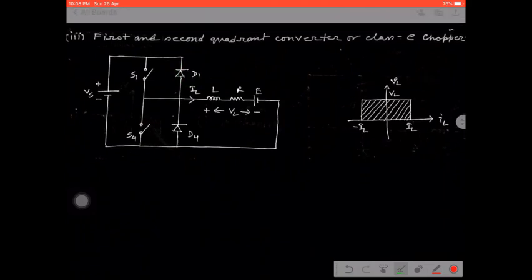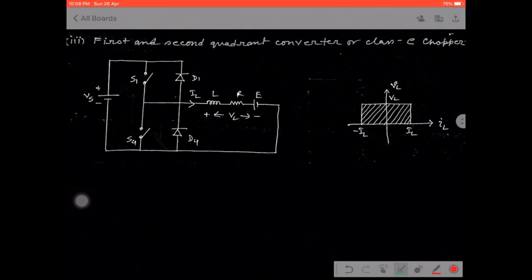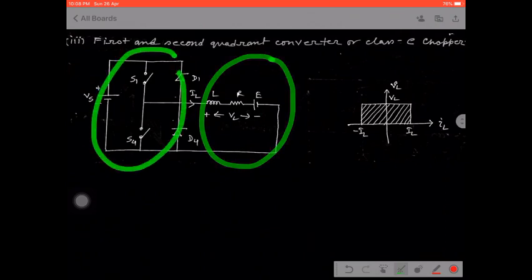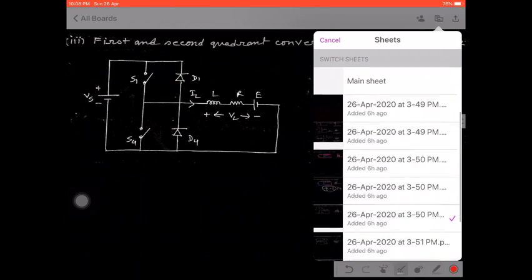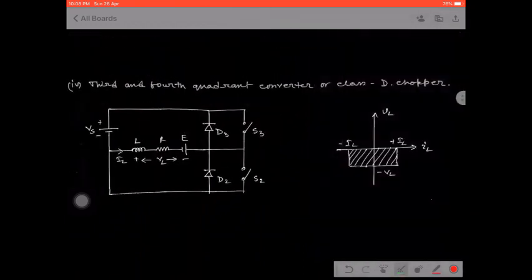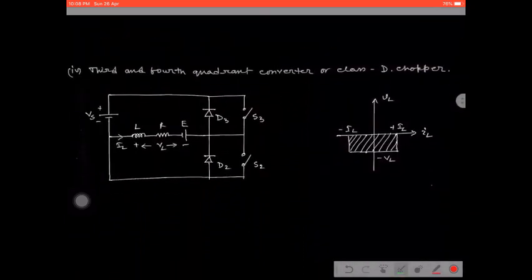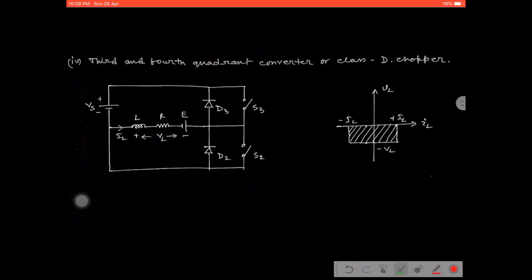Now the opposite is class D. Okay, so go to the circuit diagram first. For class D chopper, the circuit diagram is a very important part. And as I told before, in this case the direction of E is always opposite.